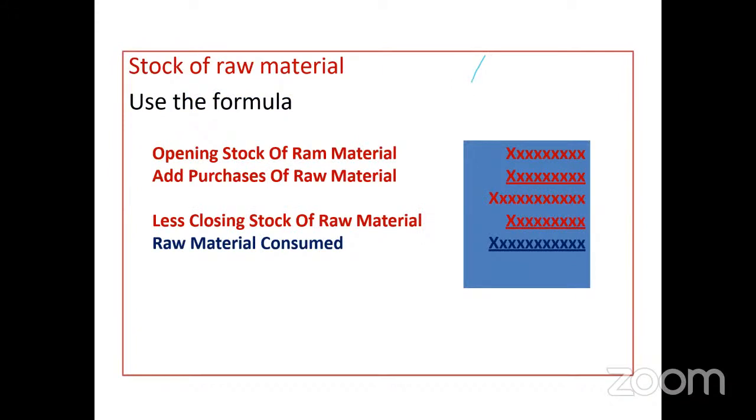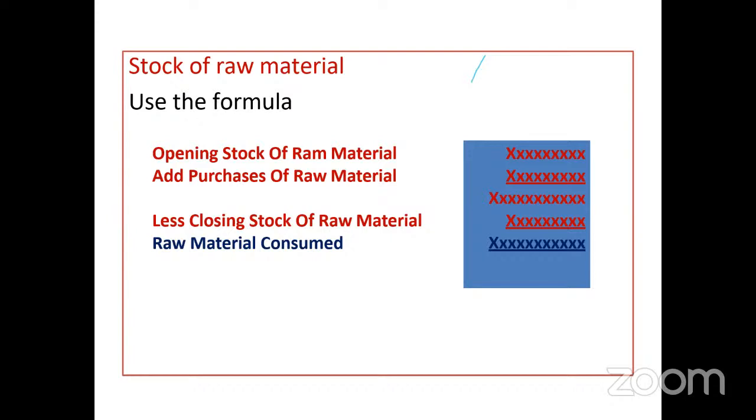First we have to calculate the material consumed during that particular period, that is raw material consumed. So we need to take the opening stock of raw material, then add the additions, that means purchases of raw material during the period of production, less closing stock of raw material. What is opening stock?